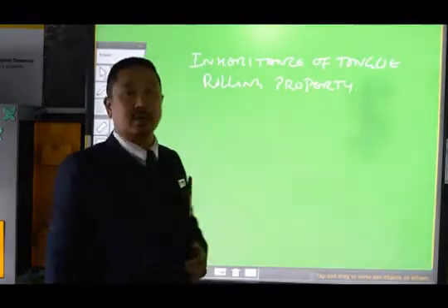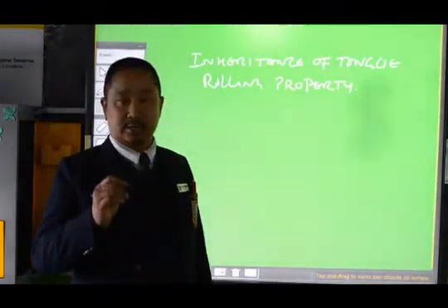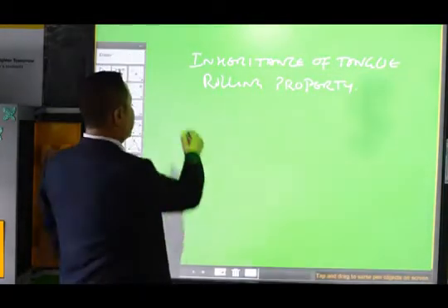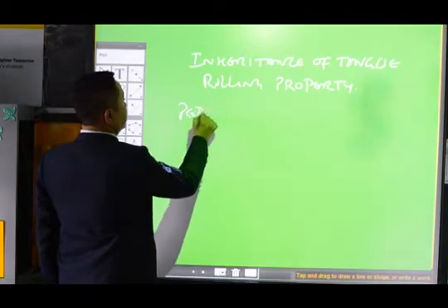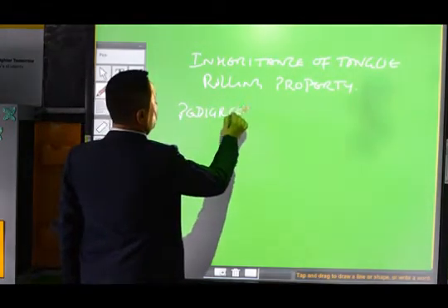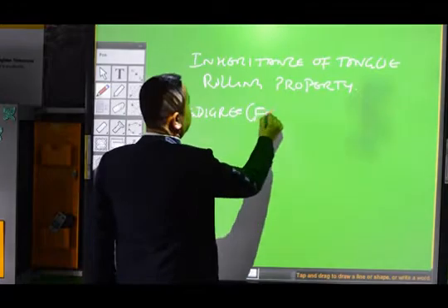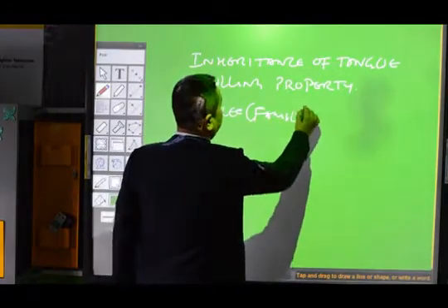First we have the family chart, which is also called a pedigree chart. Pedigree or family chart.